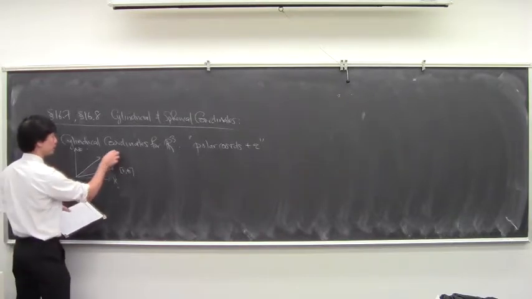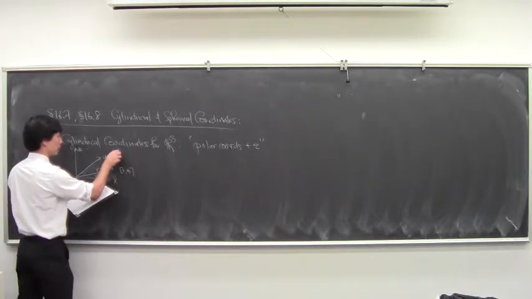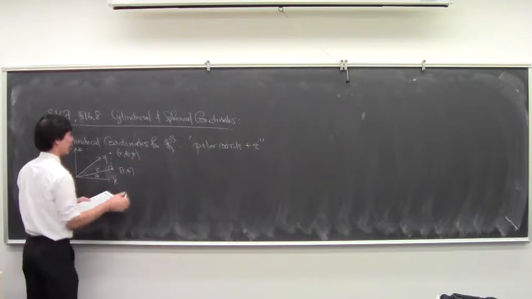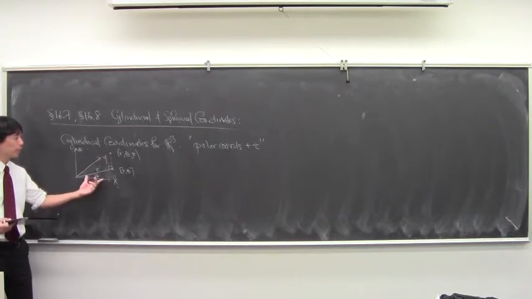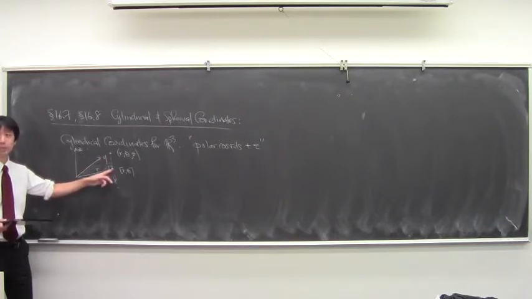And then you just use r, theta, and z to describe that. So instead of using xy for the first two coordinates, we use the polar coordinates, r and theta.